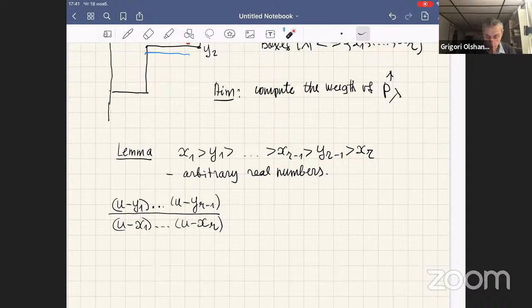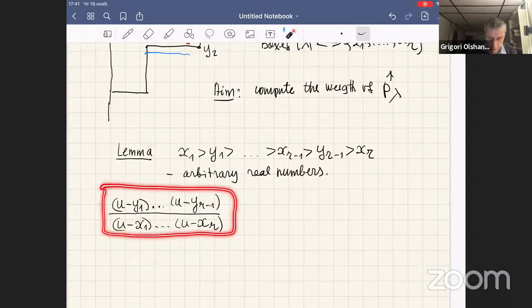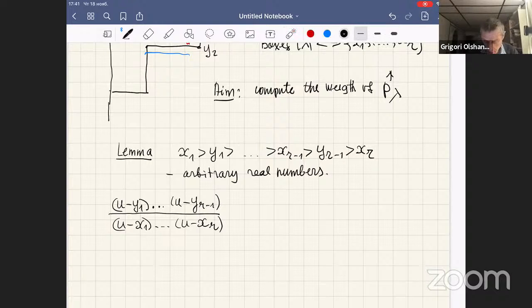So this real function has simple poles, and so it can be written as the sum over k ranging from 1 to r, of p_k over u minus x_k. And here we have some coefficients which appear. Let's denote them as p_k.